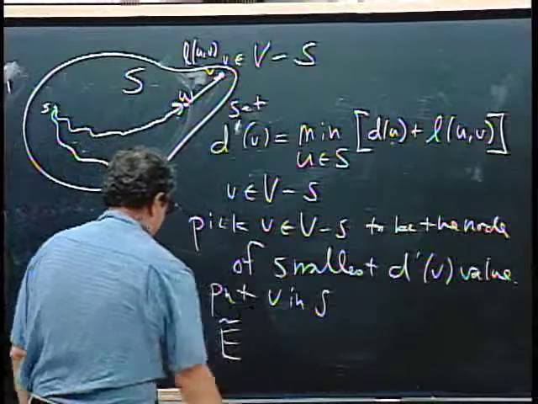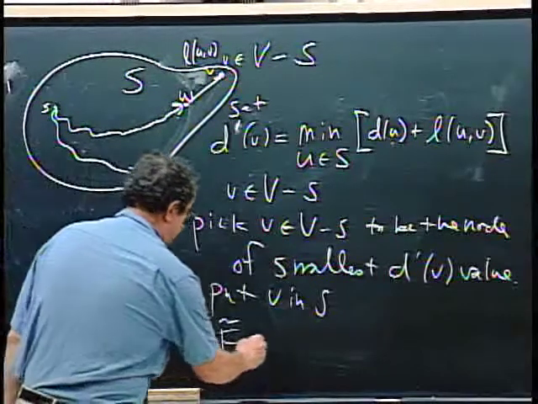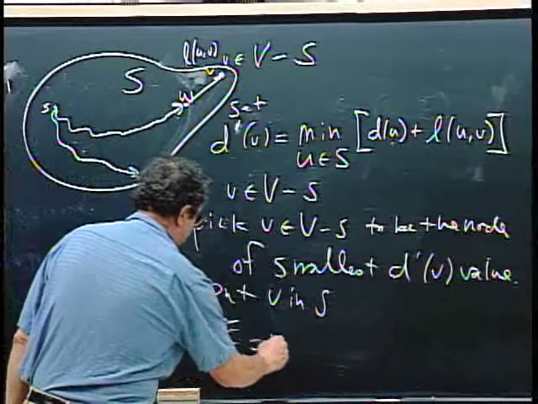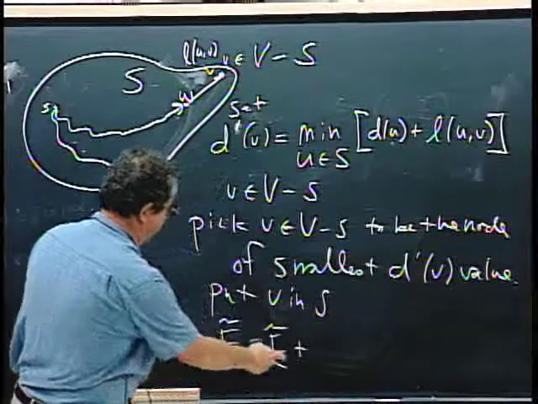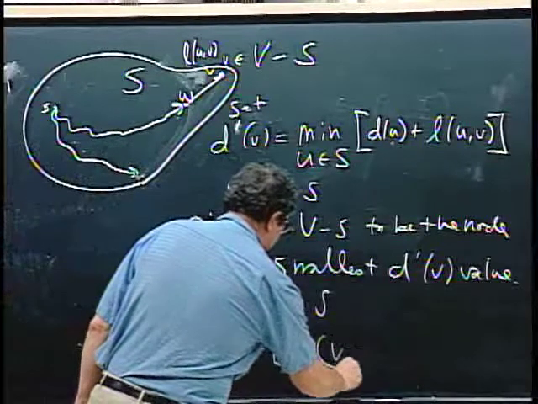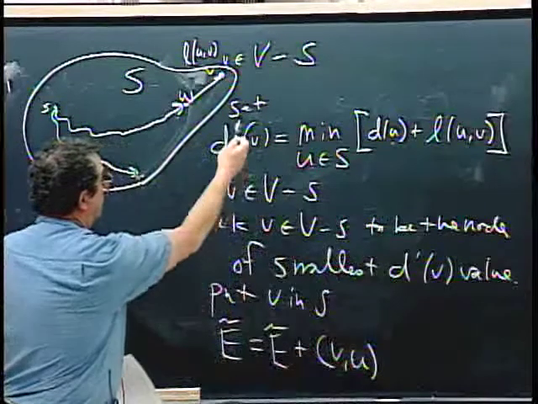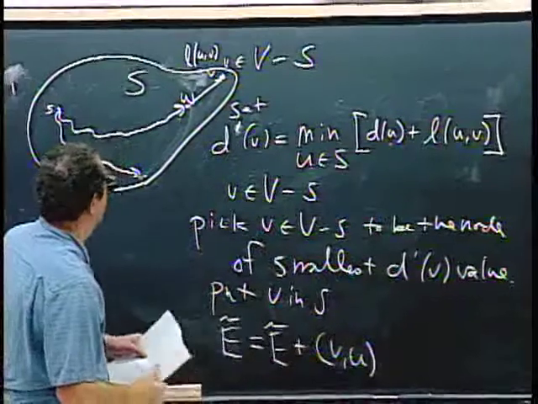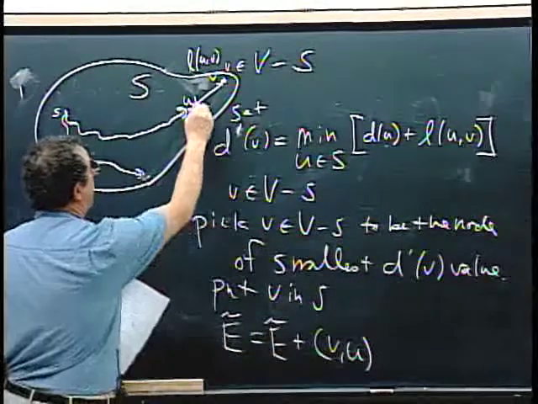keep this set E tilde. It's a set of edges, and it's going to be augmented: E tilde together, so all the edges that it has so far, together with the edge VU, where V and U are the nodes that are picked here. Now, that's a directed edge that goes from V to U, so it's backwards that way.